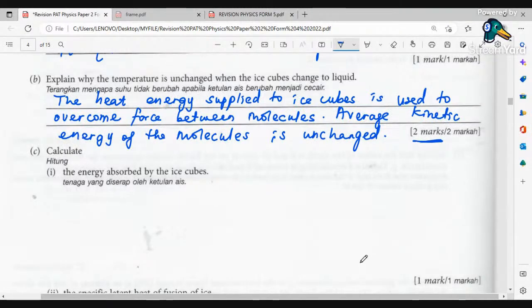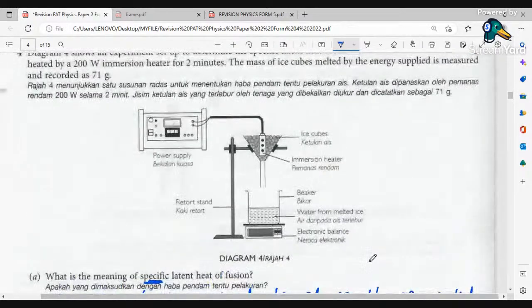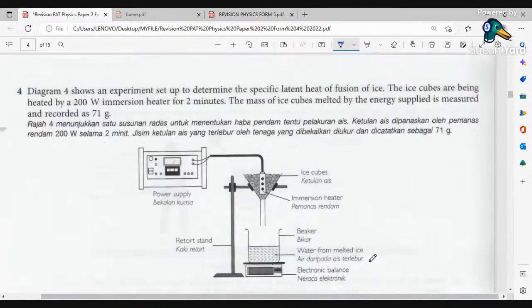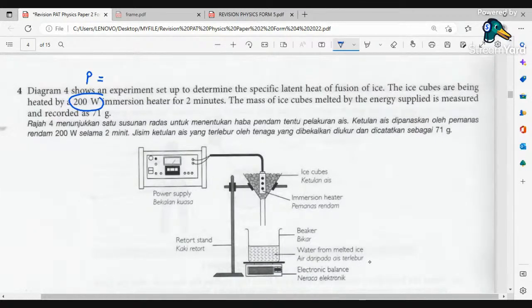C, calculate energy absorbed by ice cube. Okay, given information that immersion heater 200 watt power P, time of heating 2 minutes, mass of ice cube 71.